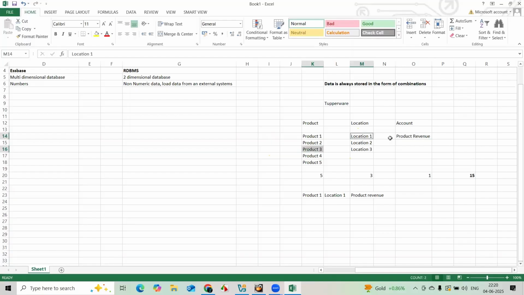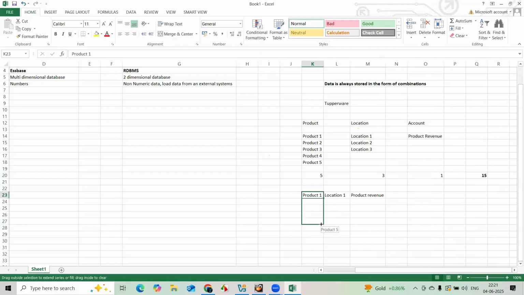And next, product 3, location 1, product revenue. Product 4, location 1 and product revenue. Product 5, location 1, product revenue. So if you look into each and every combination, there are a total of 15 maximum combinations that you can have. Similarly, product 1 to 5 for location 1.